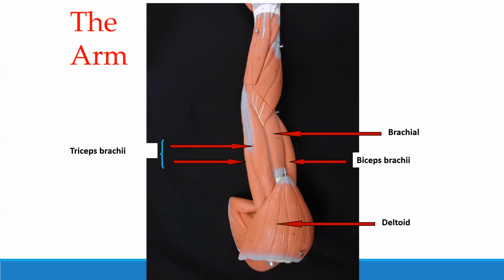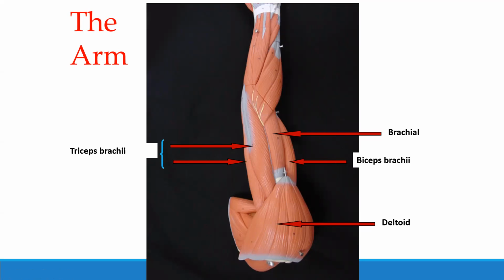Above the brachial muscle, almost in a straight line with the brachial muscle, is the end of the deltoid muscle. This is the deltoid. This is the portion here that's going to go down and insert on the deltoid tuberosity on the humerus. So we have the brachial muscle right in the middle, the biceps brachii on the superior surface and the triceps brachii on the inferior surface.